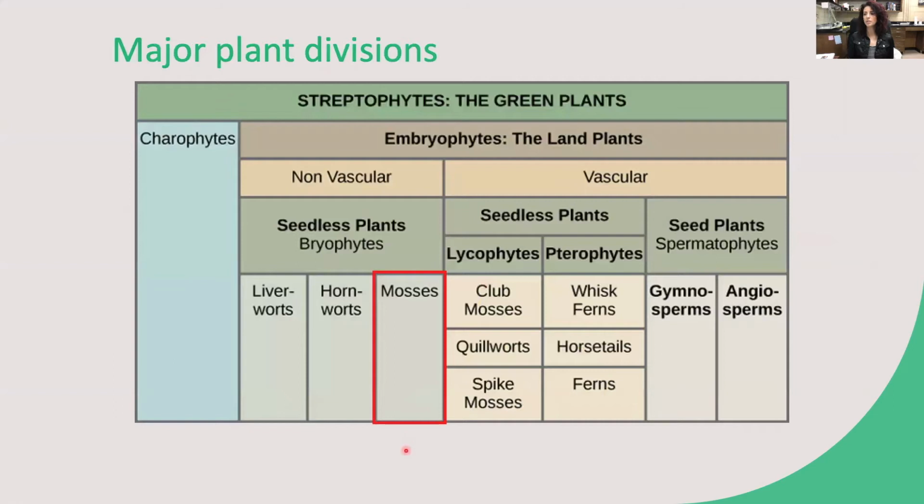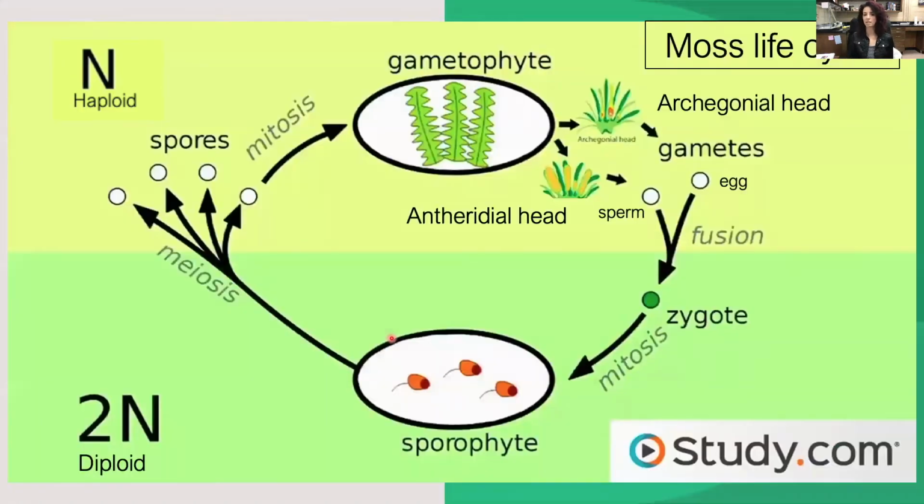So now we're going to talk about specifically the mosses and how they exhibit their alternation of generations. The moss follows an alternation of generations life cycle like all of the bryophytes. The moss gametophyte generation is haploid, and it reproduces sexually with the production of gametes, our eggs and our sperm. These gametes stem from specialized structures.